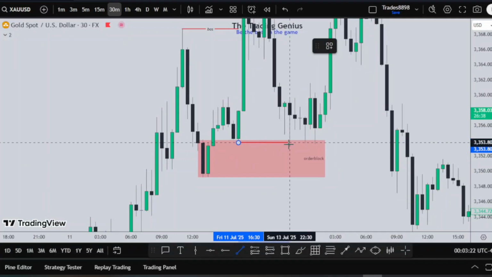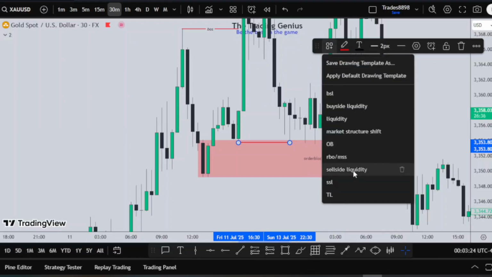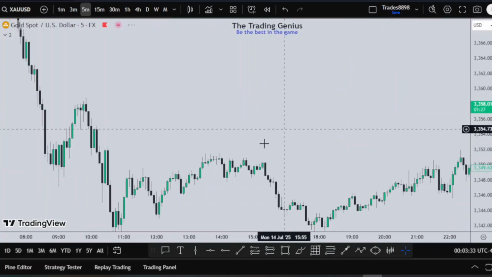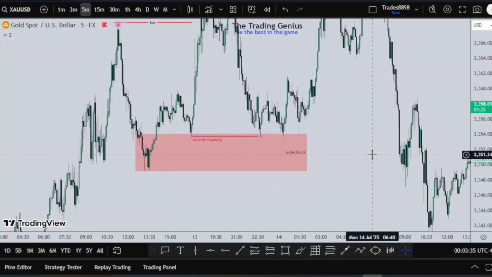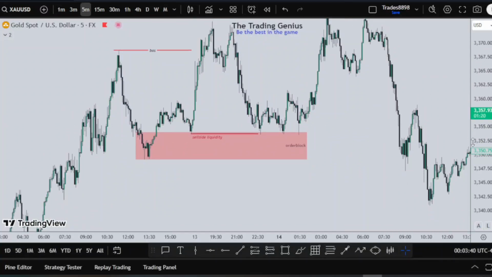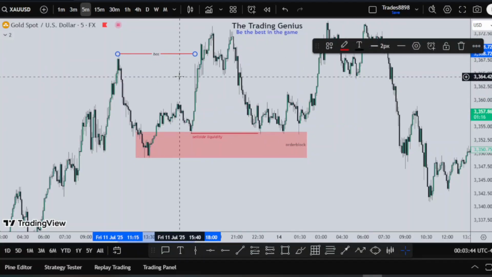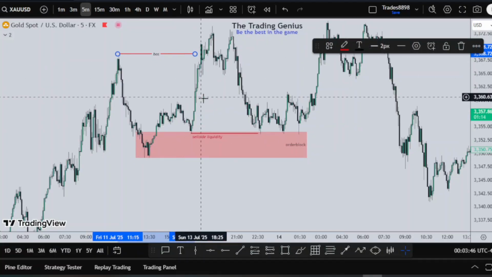One of the best ways to trade an order block is when you see a liquidity sweep, because this signifies that price swept all the liquidity before it used that momentum to go to the upside. If we have liquidity below it, price might keep going to the downside, and that is probably going to take your stop loss. So we don't want to see that. We want to see price sweep liquidity first before actually going to the upside.